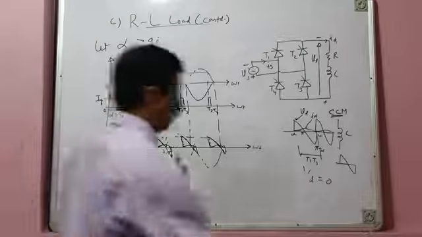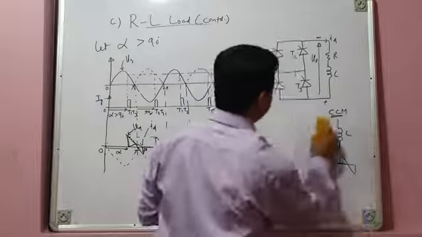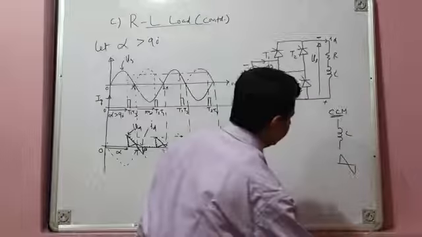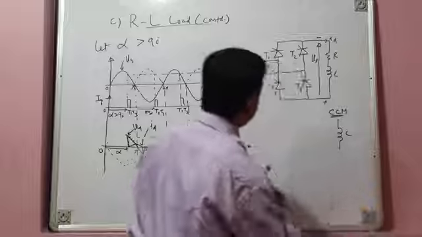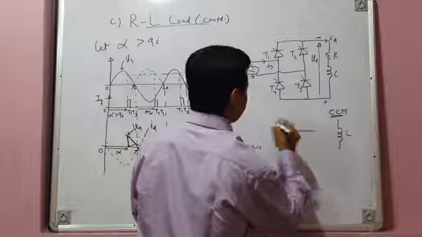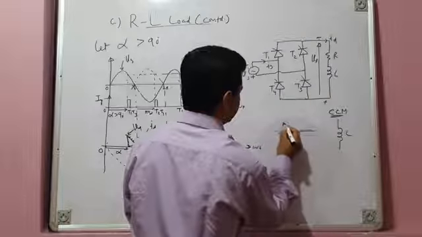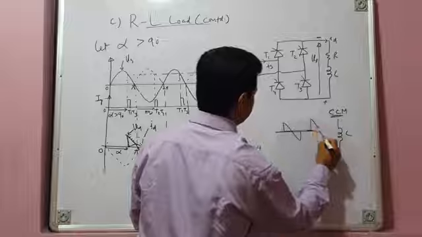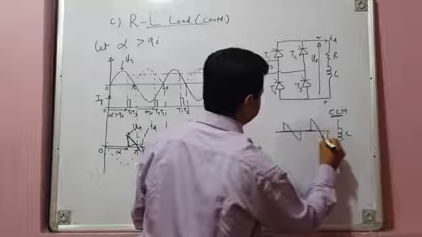Now, if you remember, when we had drawn this for alpha greater than 90 degrees for a purely inductive load, the waveform was something like this. If you go back to your notes from our previous lecture, you see your waveform was like this. This was our load voltage waveform.